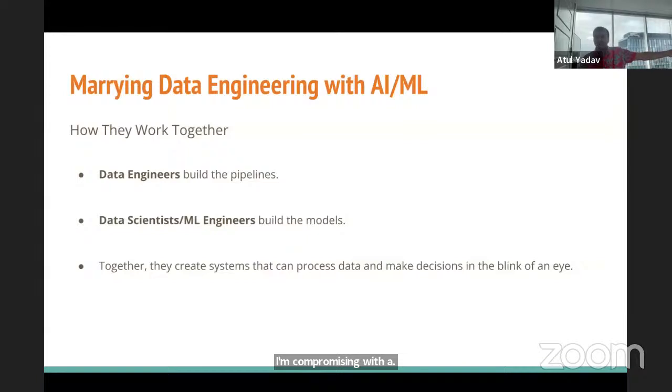It should be 97% data quality, but I'm going with 90%. No, you can't do that in the actual IT industry. There are thresholds defined, and parameters configured against each data quality measure, and based on that the decisions are made. So this is where data engineering complements your AI and ML use cases.